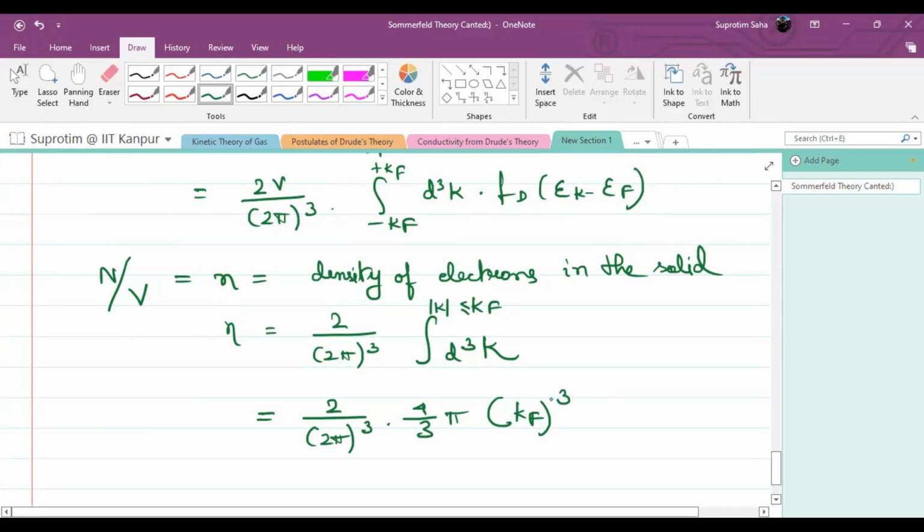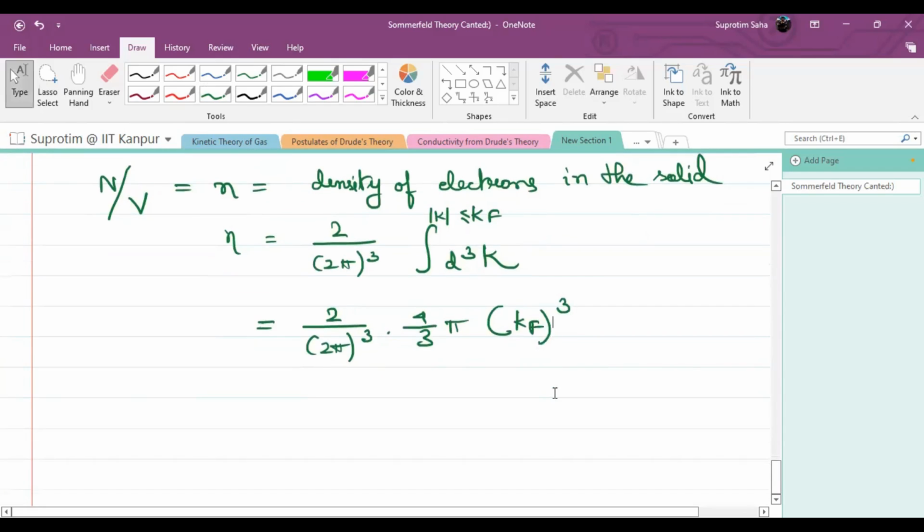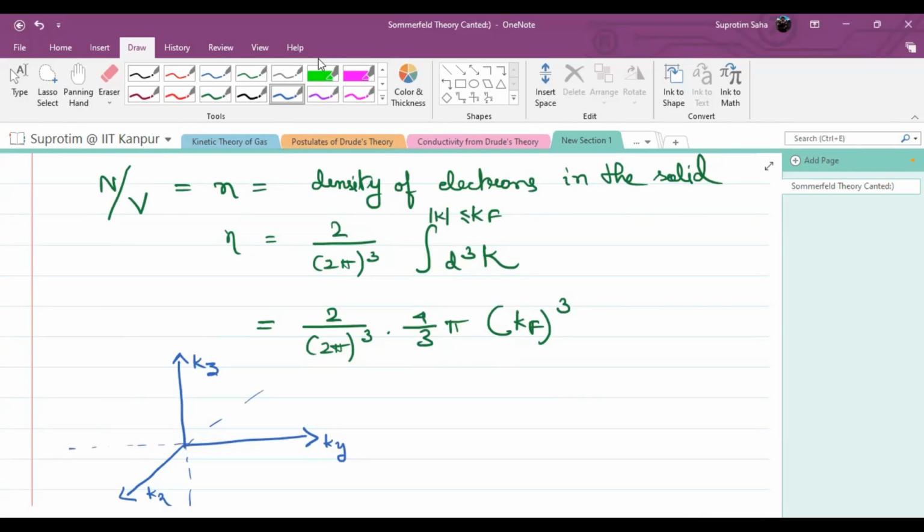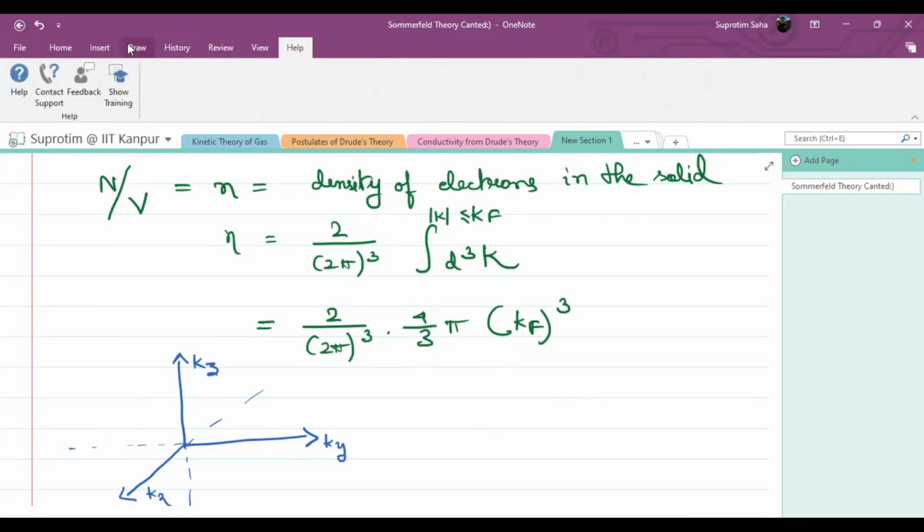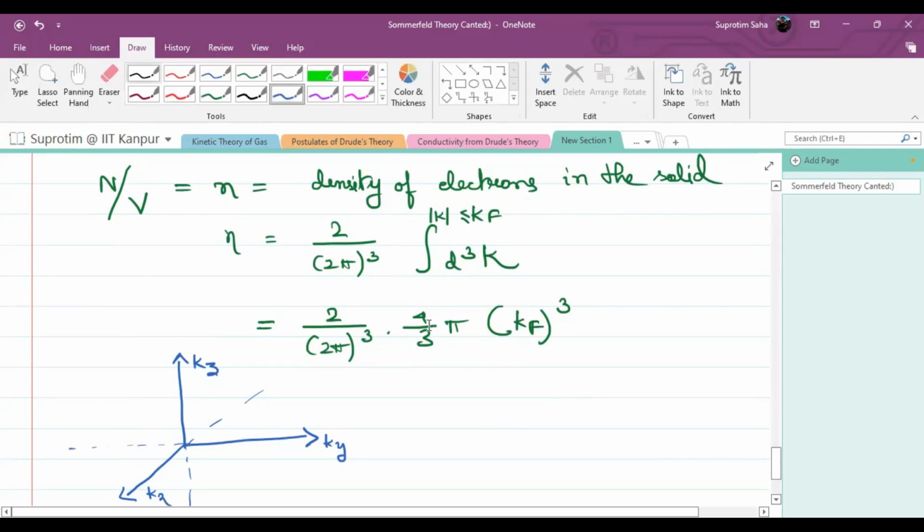Why is this so? Because in k space you have the kz, ky, and kx axes, in these directions and these directions also. So what you can consider is a sphere which has a radius of kF.